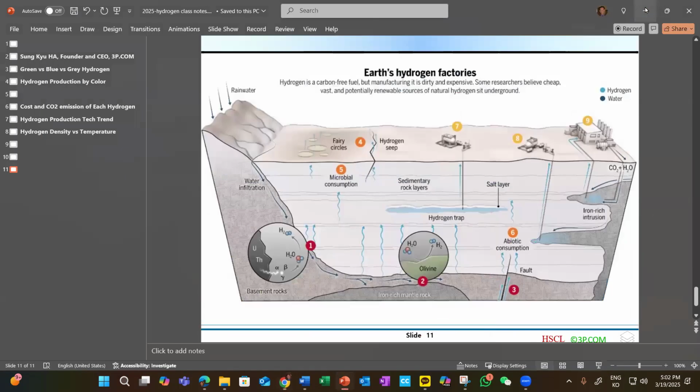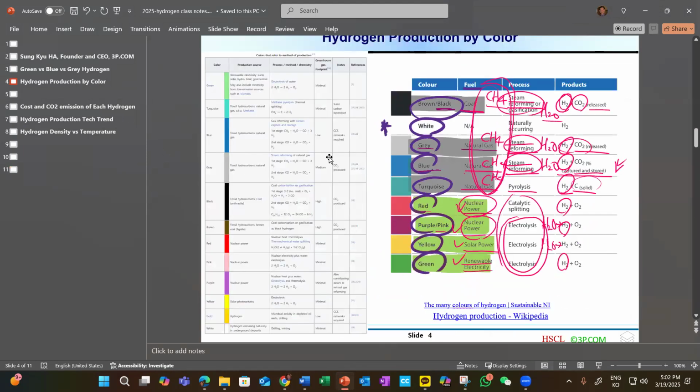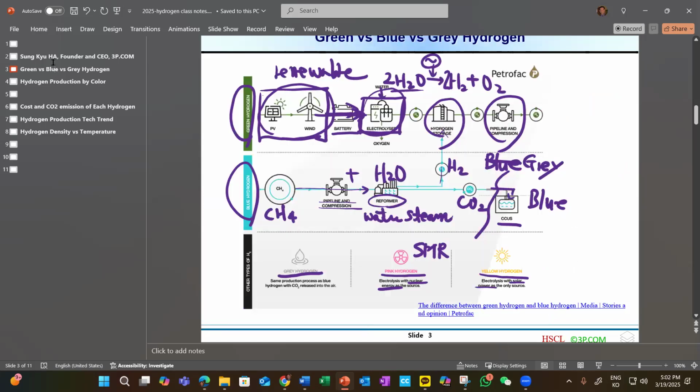Imagine that this is available. We don't need to have any cost to generate the hydrogen, and then we can fully use this hydrogen as energy. All we need is the fuel cell to generate the electricity, and then we have a really abundant energy source.